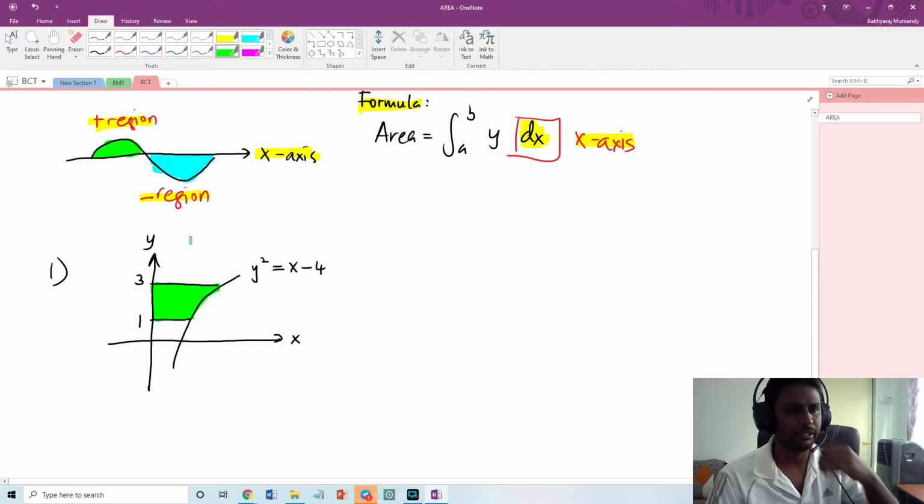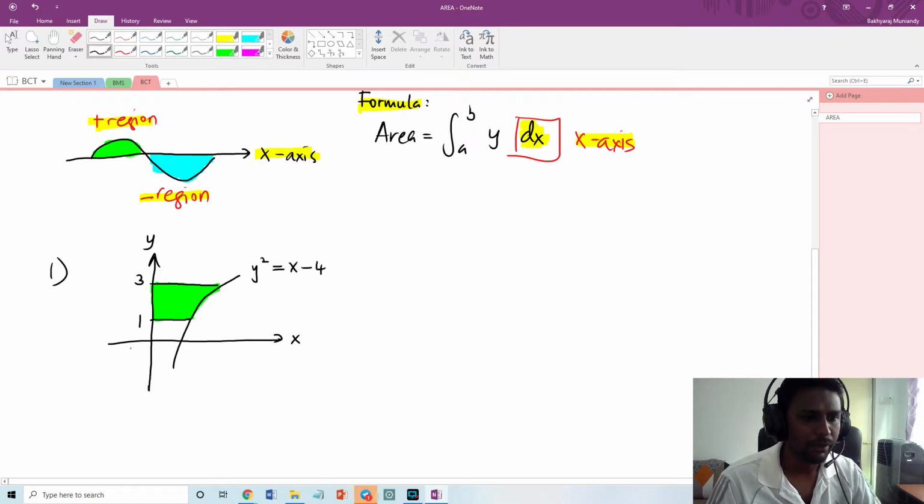So this is the question. We want to find the area of the shaded region.